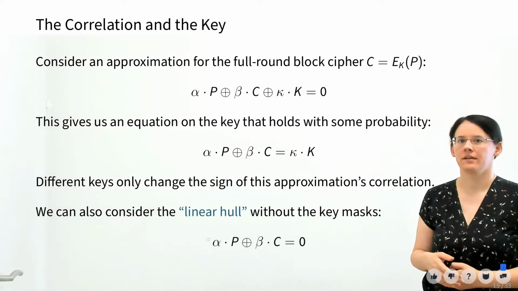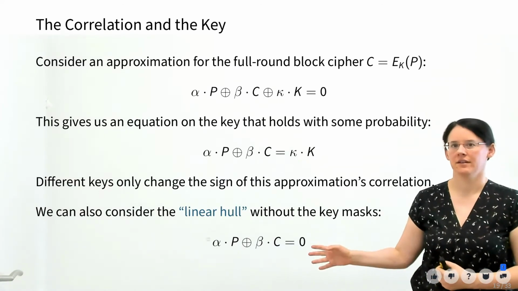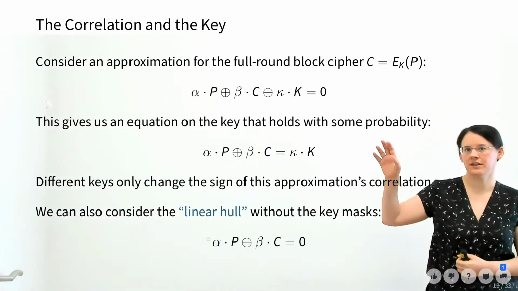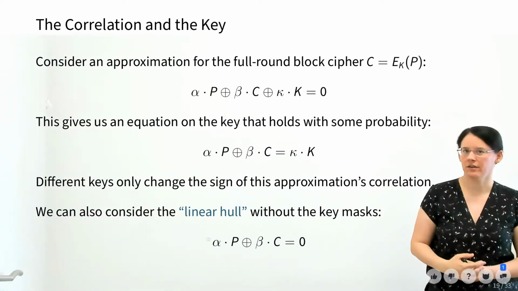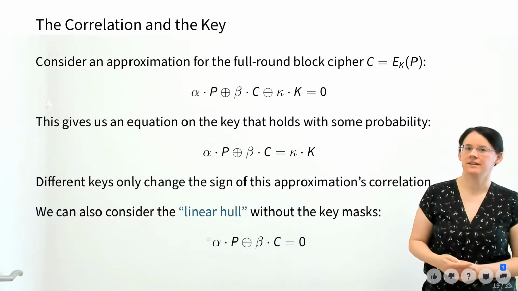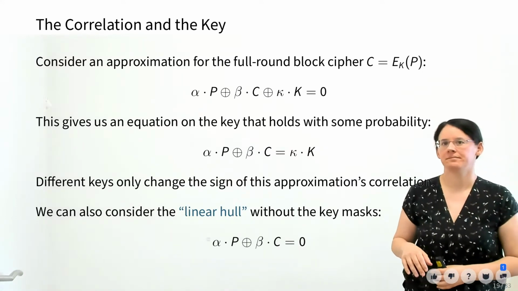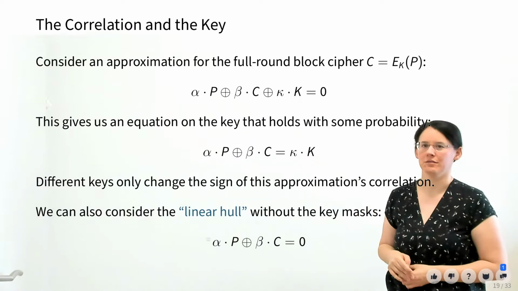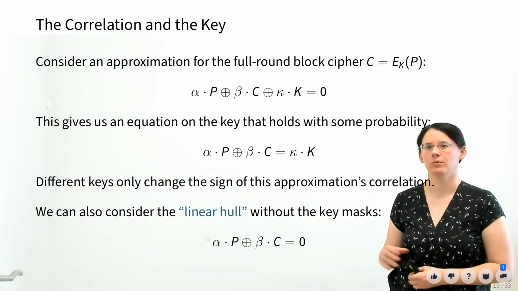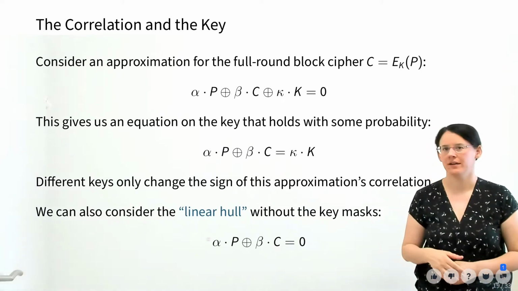And what's now interesting is if I leave out the key. Since the key changes only the sign of this correlation and does not change the amplitude, at least not under a couple of assumptions, then we get this equation here, which should have more or less the same amplitude.